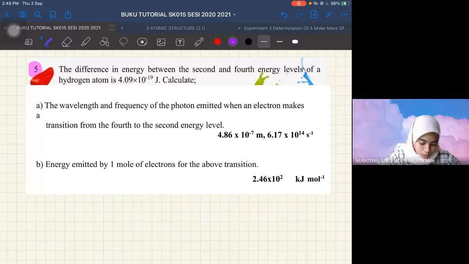Okay. So yang ni awak punya formula apa? Kita nak cari wavelength, frequency, bila awak punya electron transition from n equals to 4 to n equals to 2. So dia adalah Balmer series. So for wavelength awak guna formula apa? 1 over lambda kan?